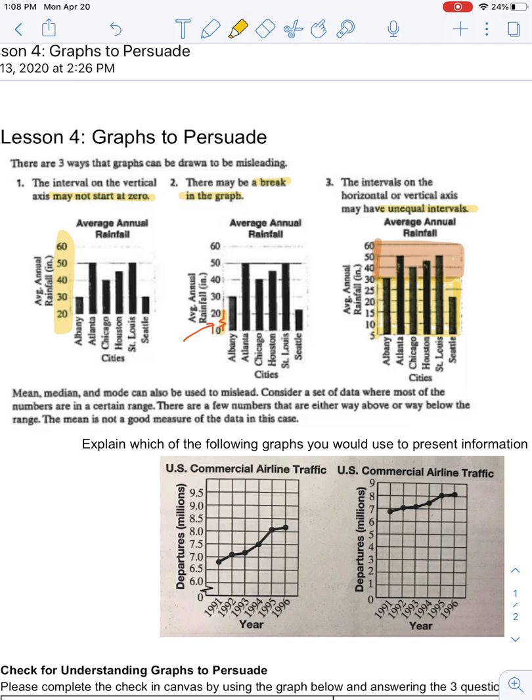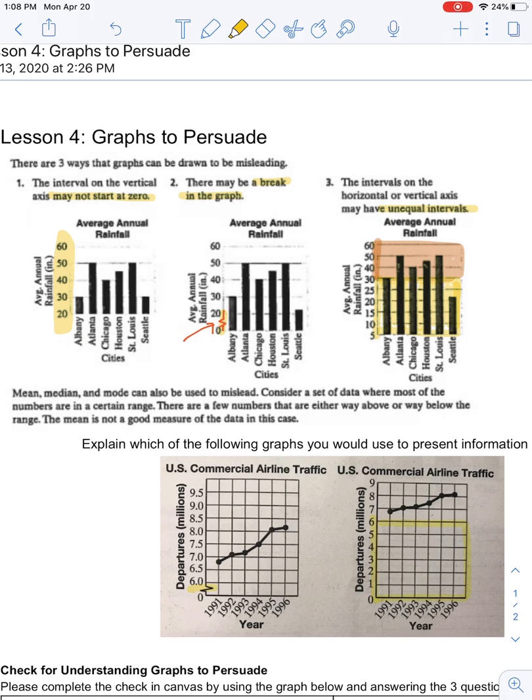And then the intervals on the left start with a break in the graph, because I can see I go from 0 to 6. And when I do that over here, you can see that information kind of looks to be missing. So it looks like that graph is much higher. But really, they are the same graph, just with the different intervals and the break in the graph. They look very much different.